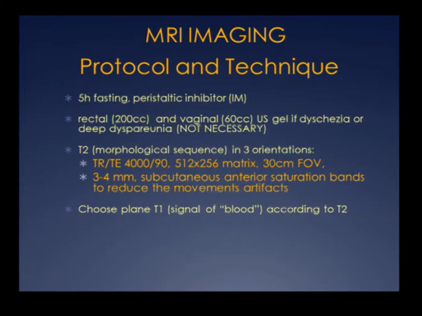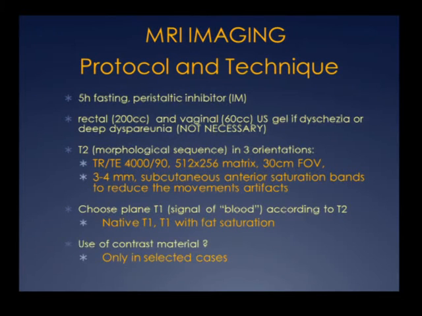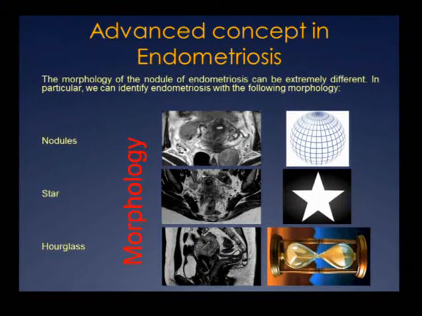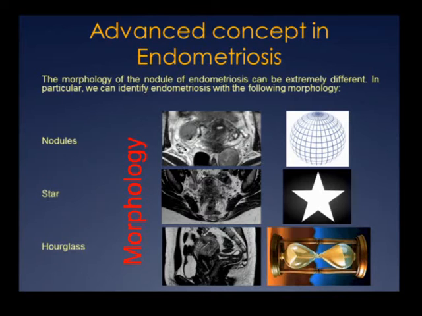Our radiologists use T2 for the detection, for the morphology, and T1 just for one plane for the hyperintense signal of the blood. And usually we don't use contrast material or any kind of contrast material. This reduces the time of the scan.